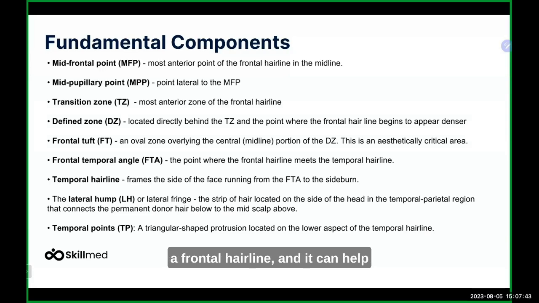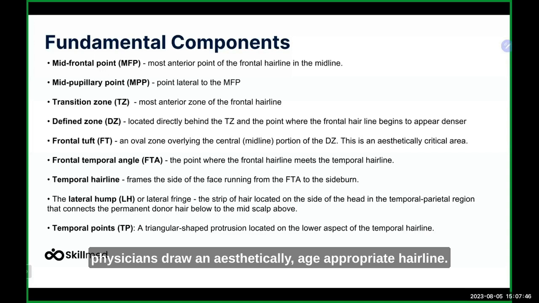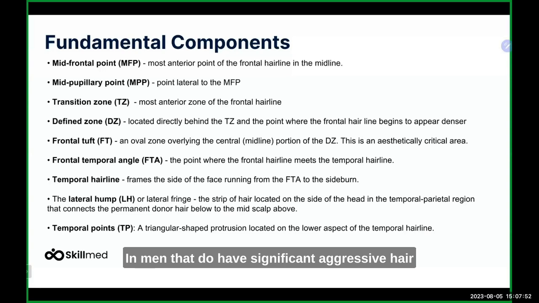It can help physicians draw an aesthetically age-appropriate hairline in men that do have significant aggressive hair loss. The temporal points are a triangular-shaped protrusion located on the lower aspect of the temporal hairline. Again, I will cover the importance of this as we go along in the presentation.